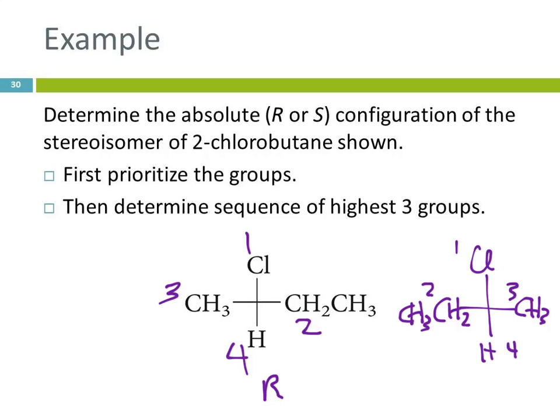Now this hydrogen at the bottom is receding behind the screen, so I can poke my thumb from the carbon to the hydrogen and stick my fingers to the chlorine straight up, and I can curve them from 1 to 2 to 3. I'm looking here at drawing a circle. I really like the hand thing, but I don't think it's really working for you guys. So 1 to 2 to 3. That's left, so that's S.